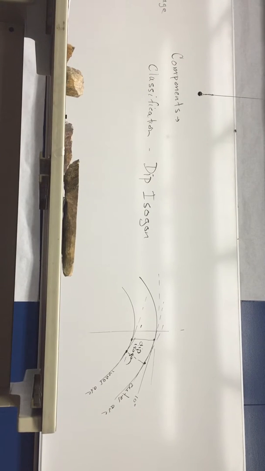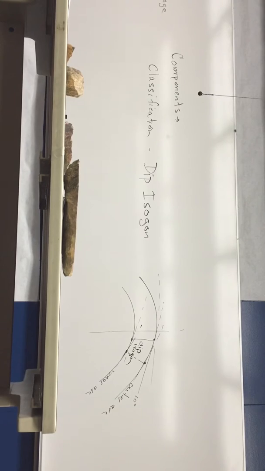Type 1 folds where the dip isogens converged downward. Type 2 where the dip isogens were parallel to each other. And then type 3 where the dip isogens converged upward or diverged downward.